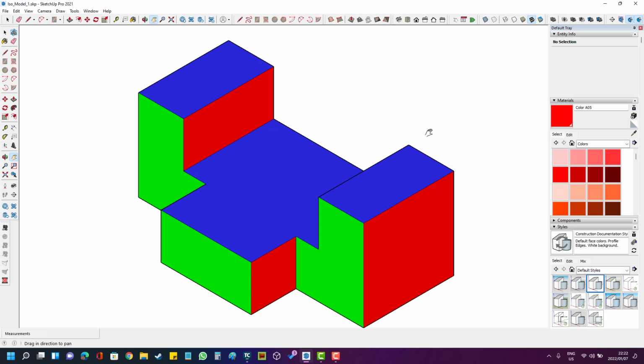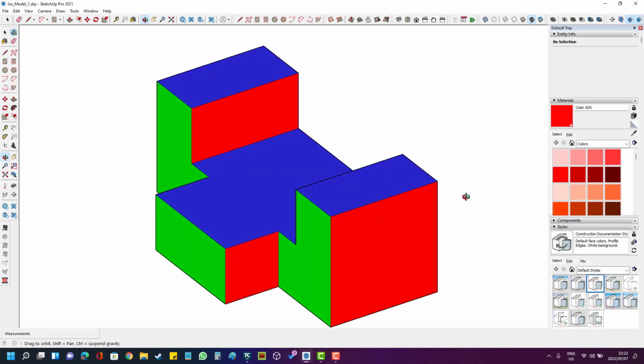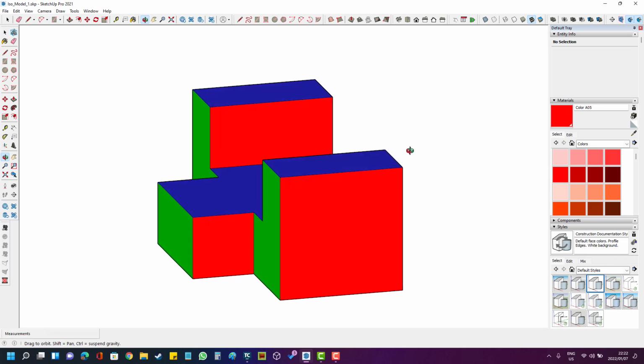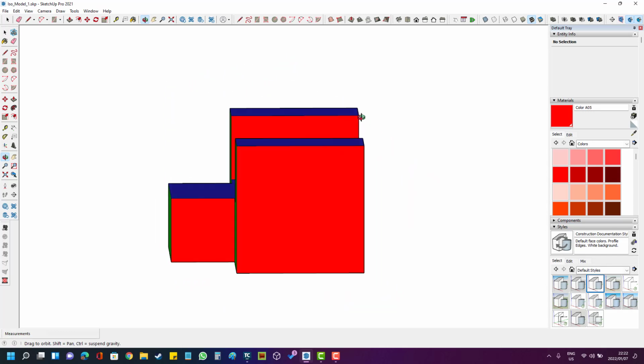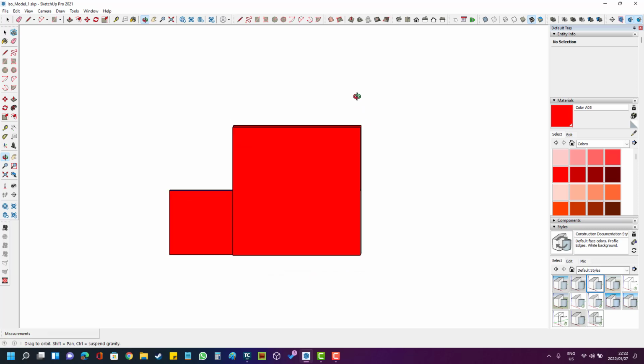If we want to see the right view in 2D orthographic and how it will be presented on paper when drawn in 2D, we will swivel and look from right to left, and continue to swivel this view till we can only see the faces of the right view at an angle of 90 degrees from right to left. And this is what we will then see on our 2D orthographic drawing as the right view.